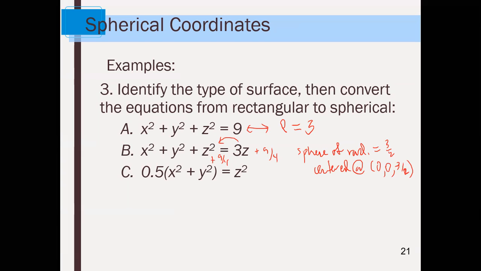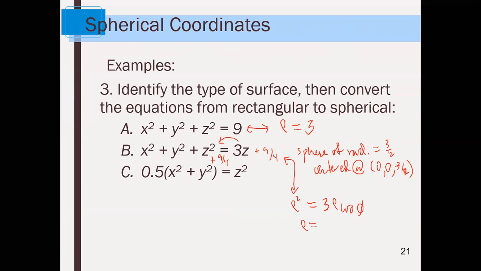Well, what is this in spherical coordinates? The left-hand side, x squared plus y squared plus z squared, collapses to something simple, namely rho squared. So this would be rho squared equals 3z. Well, z is just rho cosine of phi. What can I cancel from both sides? Rho.